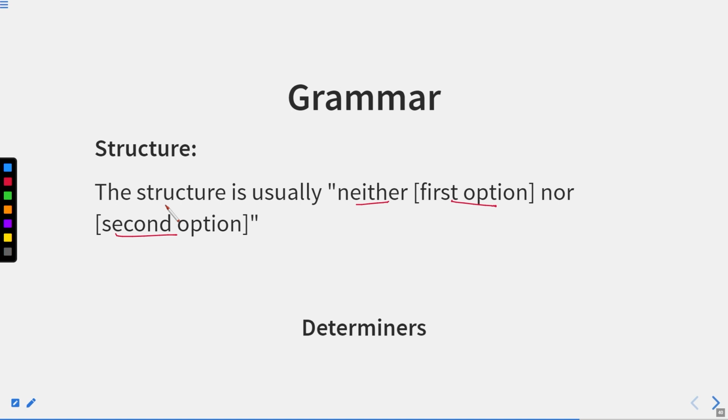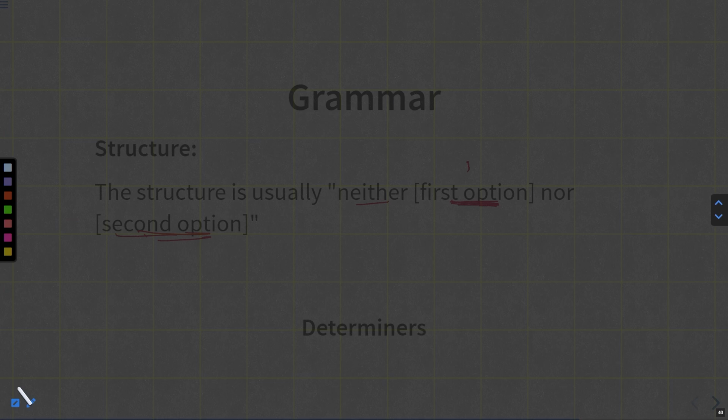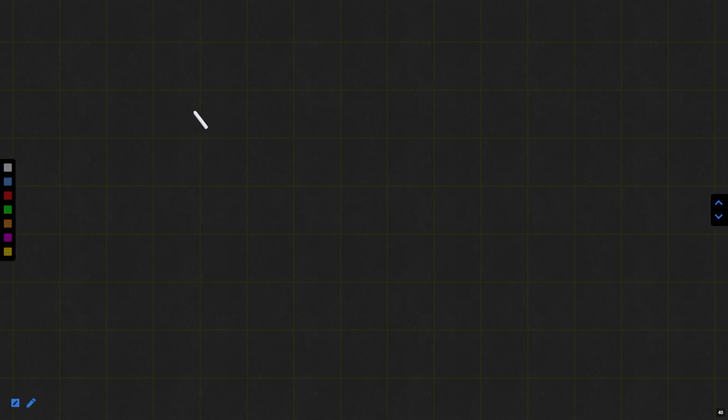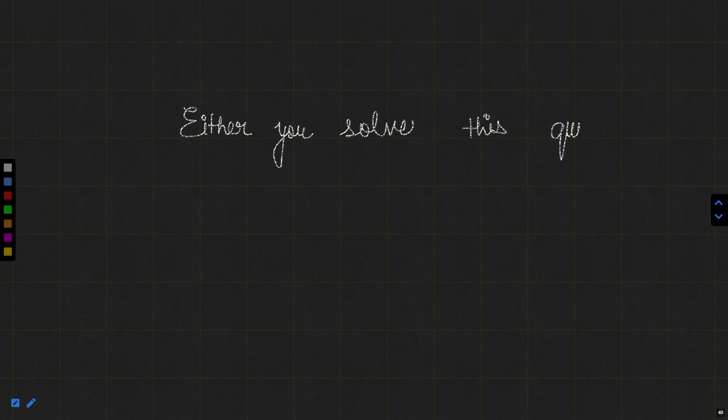Similarly, in case of neither nor, neither should be followed by the first option, and after nor we have the second option. Suppose the sentence is either you solve this question or go out. Suppose this is the sentence that I want to say, that you have two options, either to solve this question or to go out.